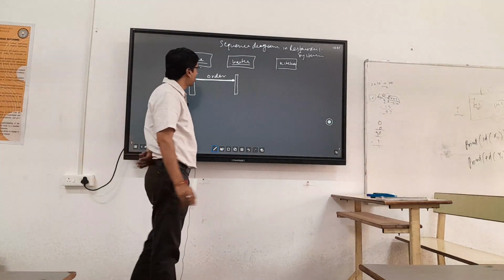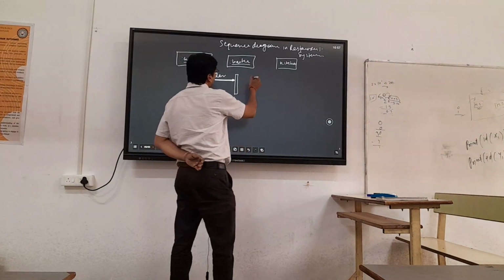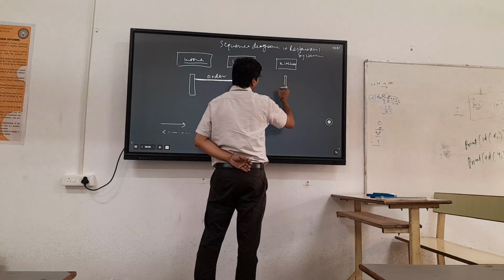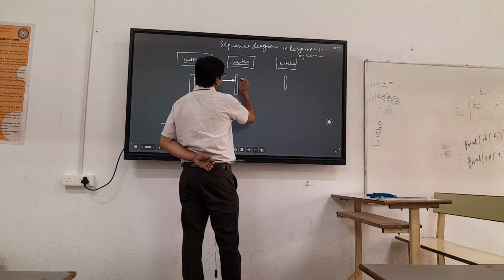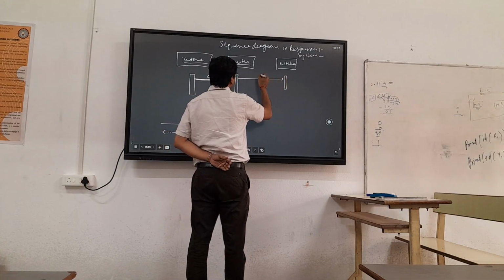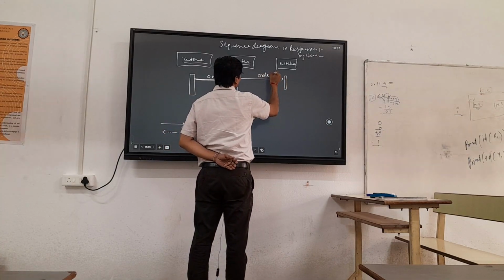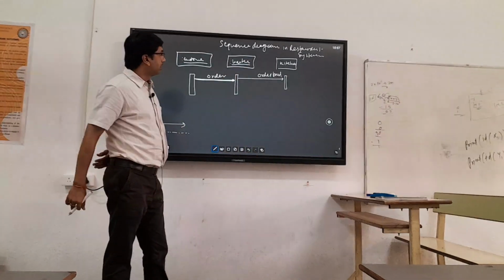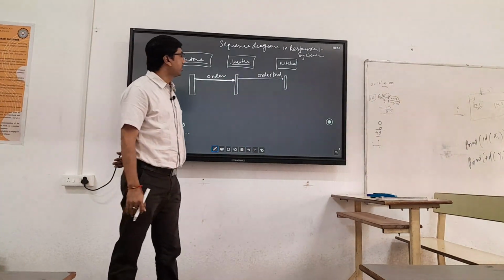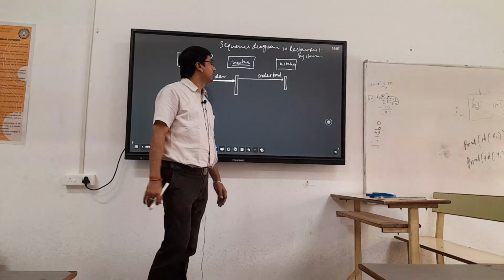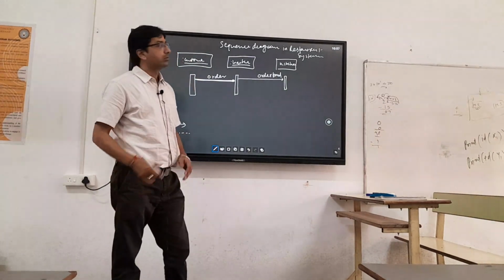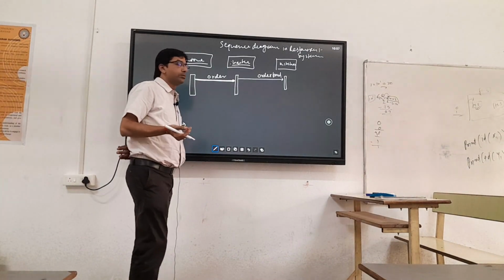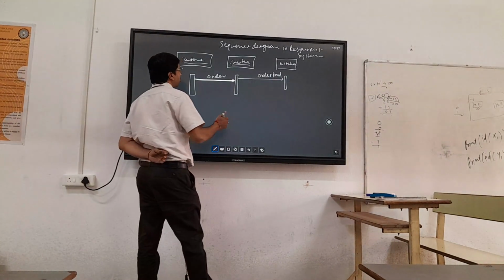After the order, the waiter goes to the kitchen and gives the food order. After giving the order to the kitchen, in the meantime, the waiter gives a water bottle to the customer.